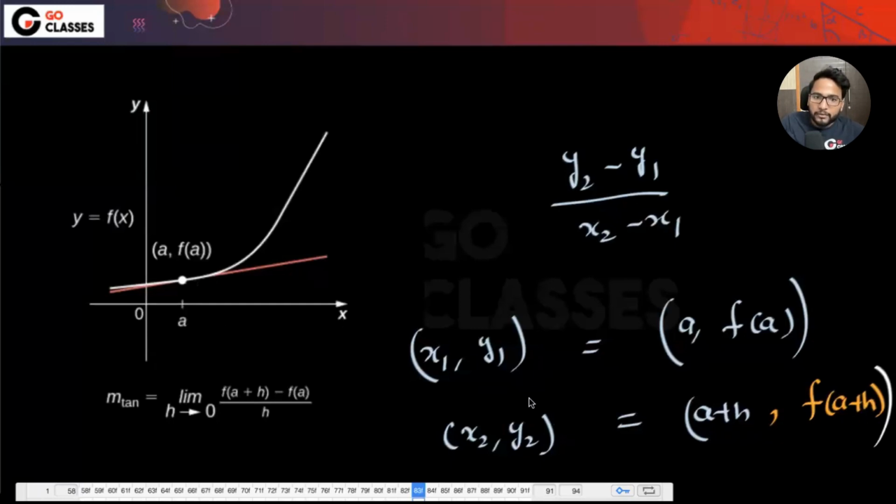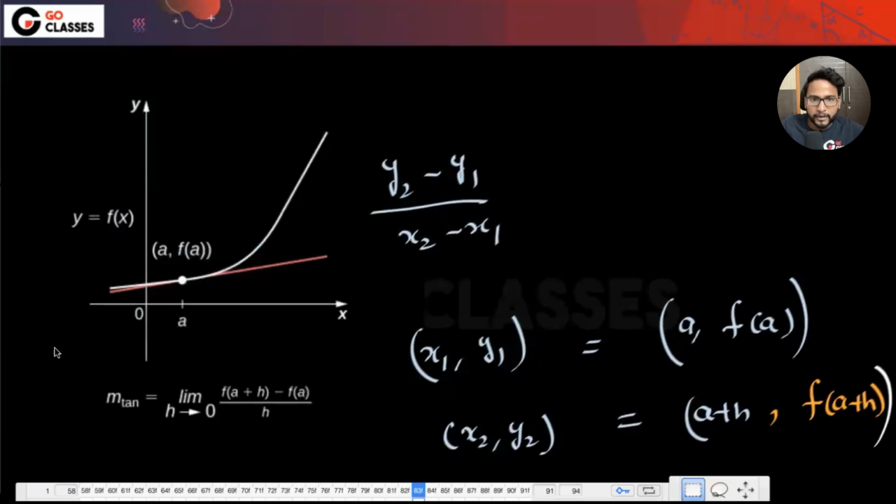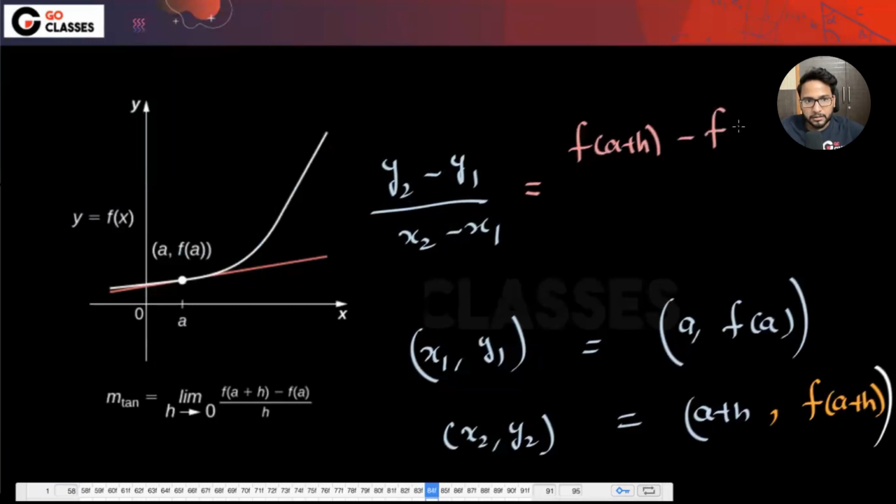So now tell me the slope. What will it be? y2 is f(a plus h) minus f(a), upon (a plus h) minus a, right?